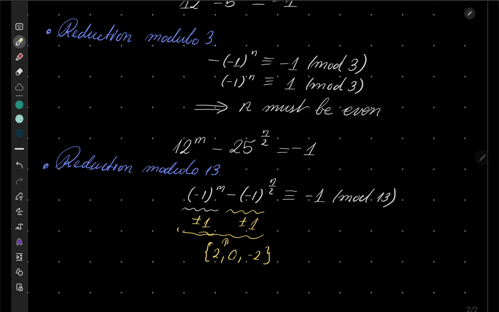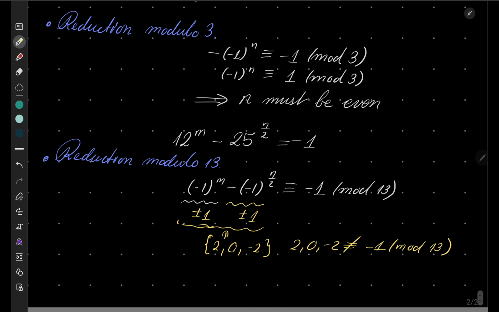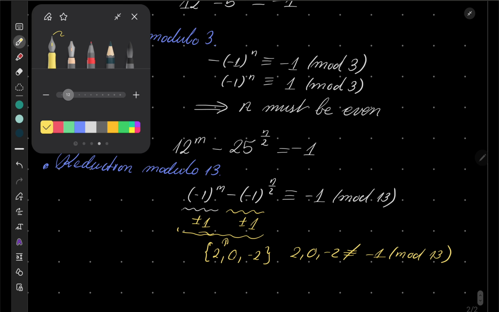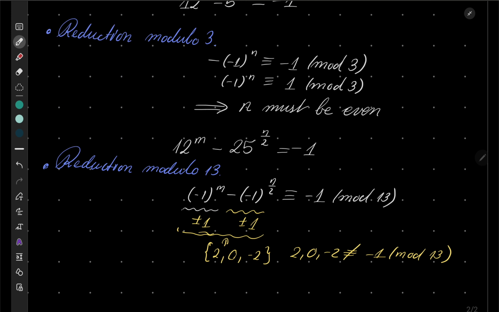And none of these numbers is congruent to minus 1 modulo 13. So our hypothesis that our number can be equal to 1 is simply not true. It cannot be.